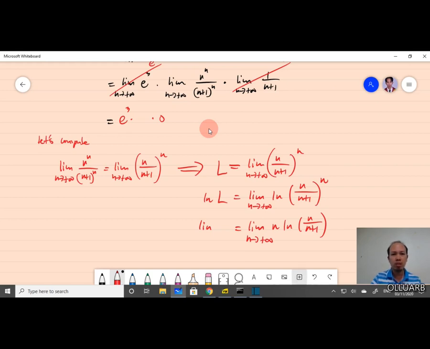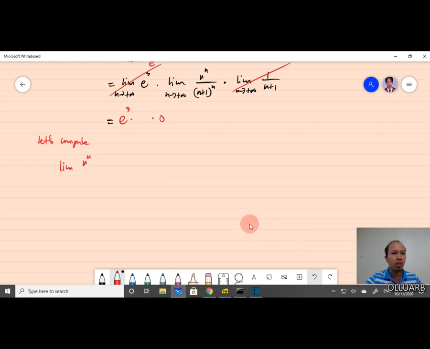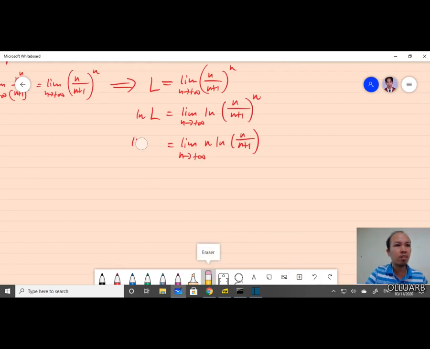Okay, in this expression, the left hand side is ln of L. Clearly, on this side, this is an indeterminate form: infinity times 0.